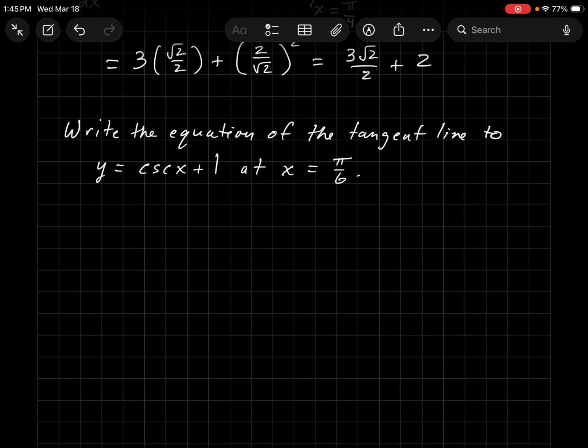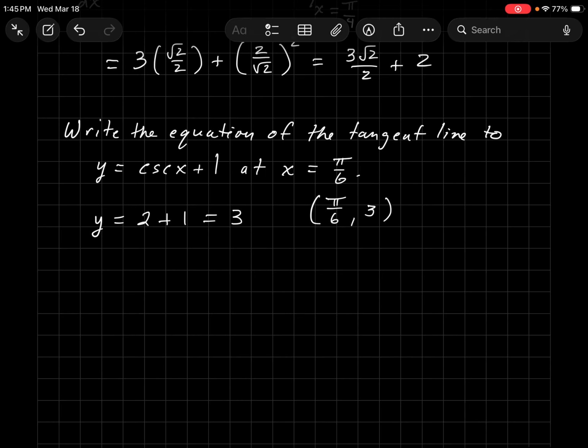Whenever we write the equation of a line, we need the x value, the y value, and the slope. So we have the x value, we can get the y value now. The sine of pi over 6 is 1/2. The cosecant is the reciprocal of sine, so the cosecant of pi over 6 is 2. And then plus the 1 out there gives us y equals 3. So we have the point pi over 6, comma 3.